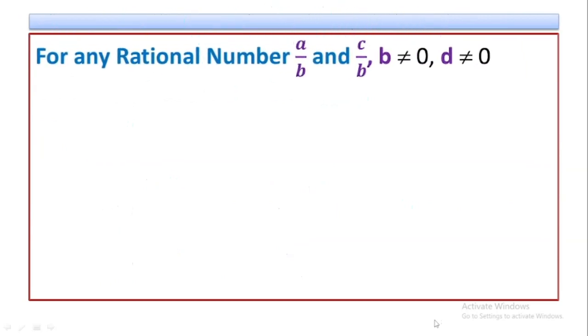So this way of writing is always true, so you can use it for your calculation. This is always true for any rational numbers a over b and c over b, where b and d are different from 0, but here the two have the same denominator.